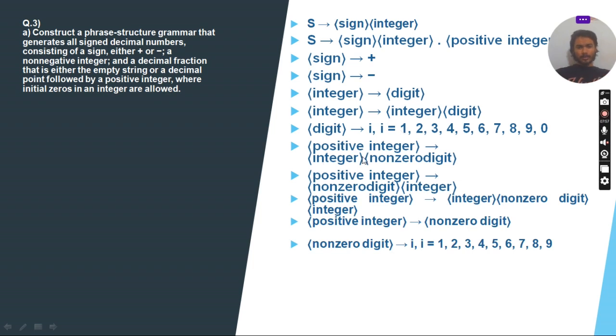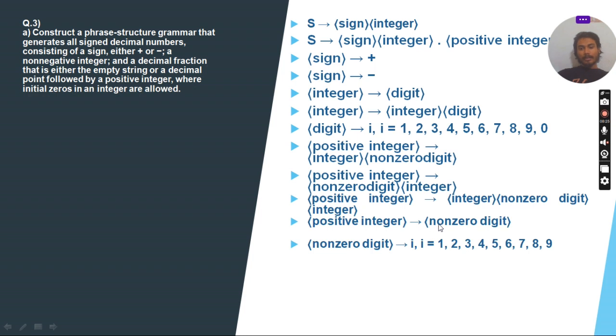So here is how we have positive integer, and positive integers have integers and non-zero digits. It means the positive integer has to be an integer and a non-zero digit. Okay. So the next point we can understand is the positive integer and non-zero digit being an integer. Then positive integer tends to integer and non-zero digits, which also consists of integers.